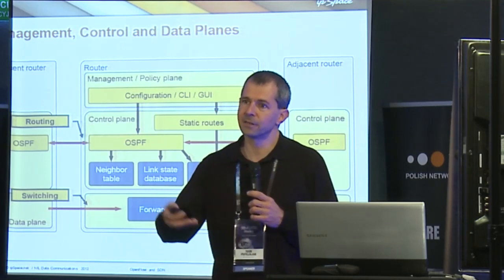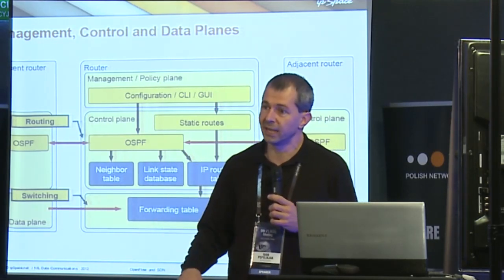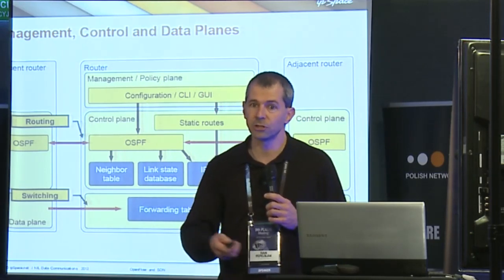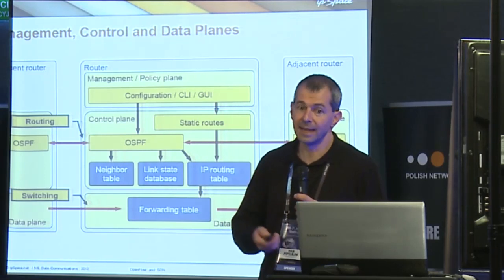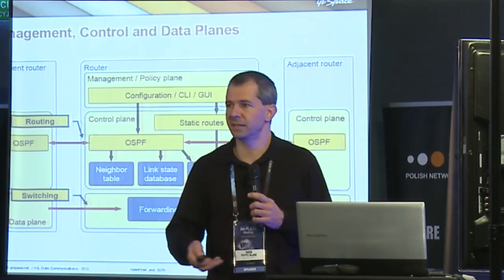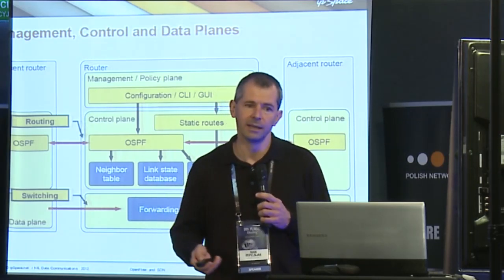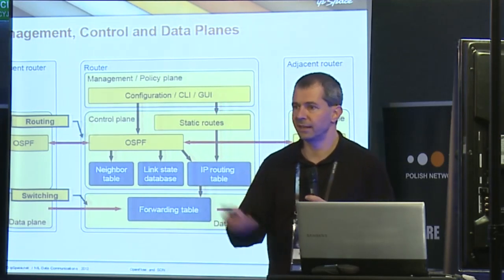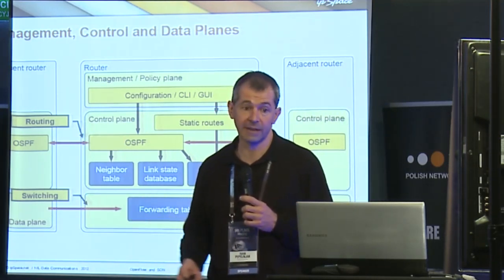And after we are done playing with that structure, it gets downloaded into the forwarding table, which is where the actual data forwarding happens. This is the data plane. And the IP routing table is in almost all devices somewhere in software, in some RAM. And the forwarding table could be in whatever weird binary tree data structures or TCAM or whatever it is.